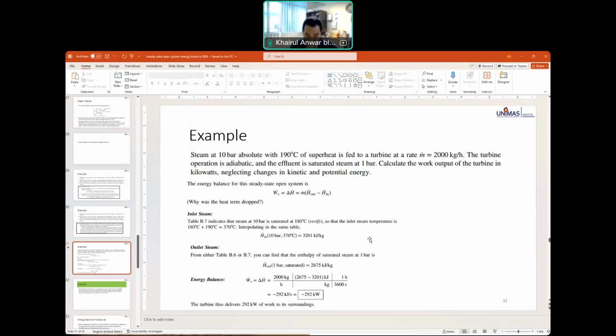So H in at 10 bar and 370 degrees C, because if we refer to table B7, the temperature has an increment of 50. See, 300, 350, 400, 450.